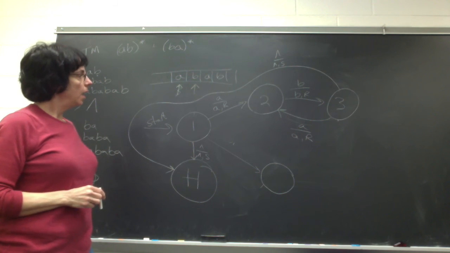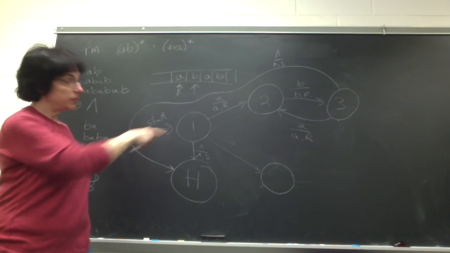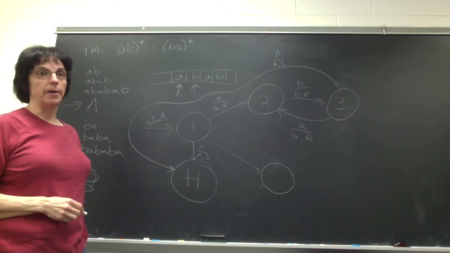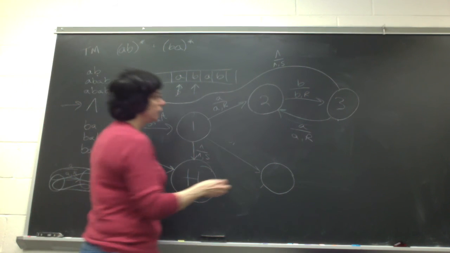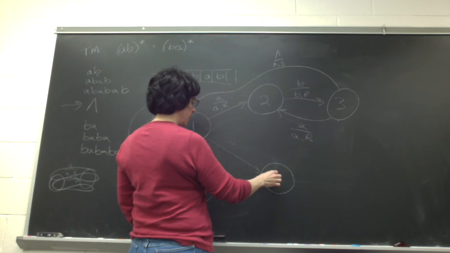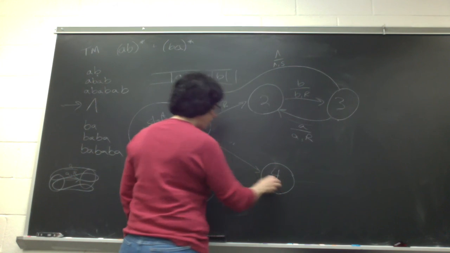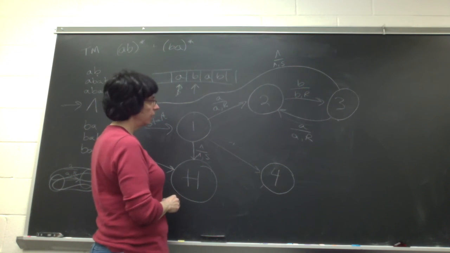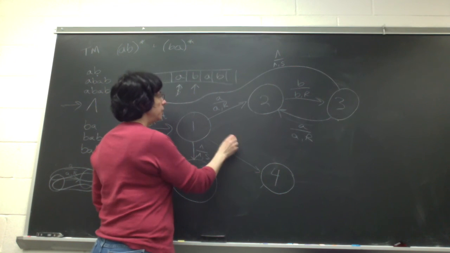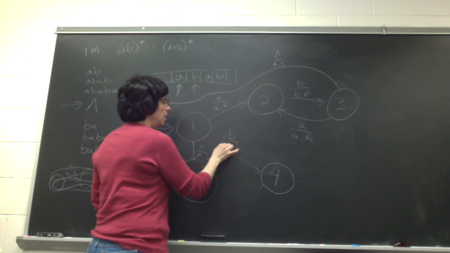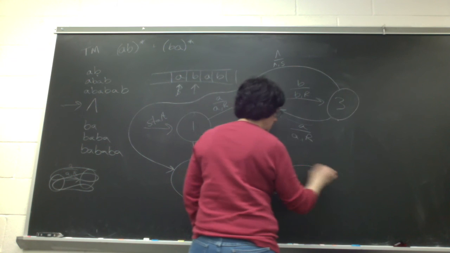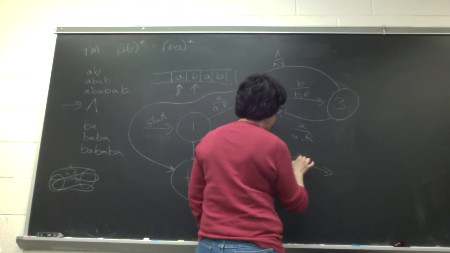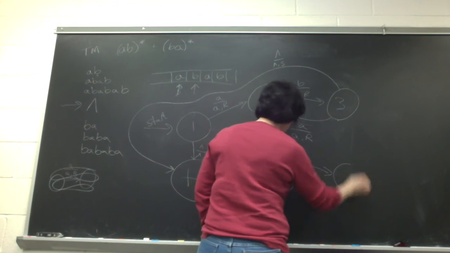Okay. And so I think what we're going to do is exactly the same thing down here for the BA part, yeah? So what do we got? There's 4. Am I 4? Yes. And this one is going to be if I see a B, write a B and go right. If I see an A, write an A and go right.